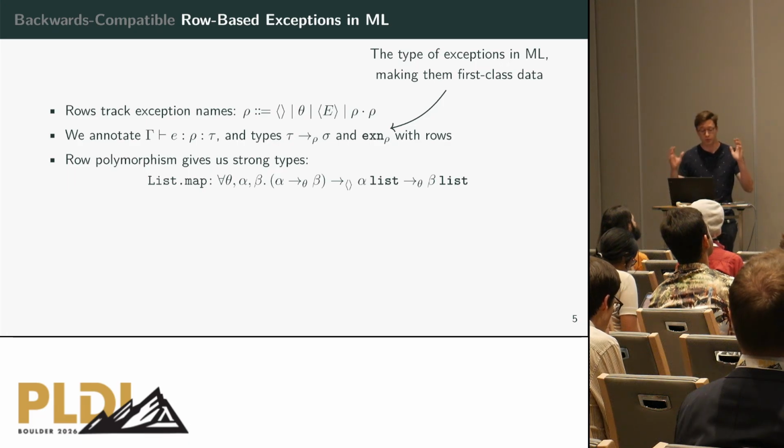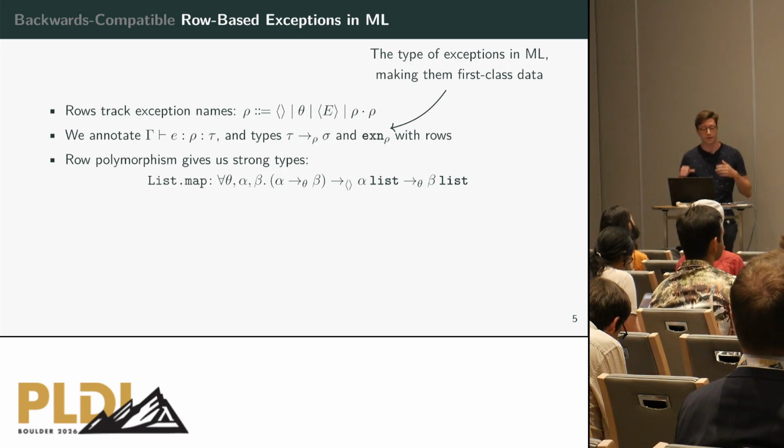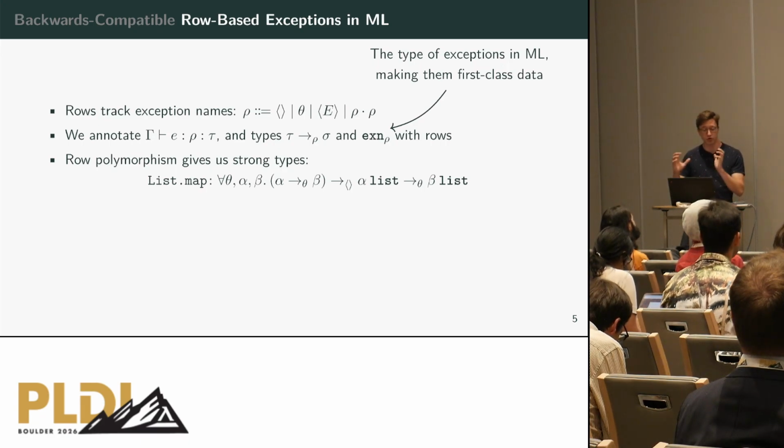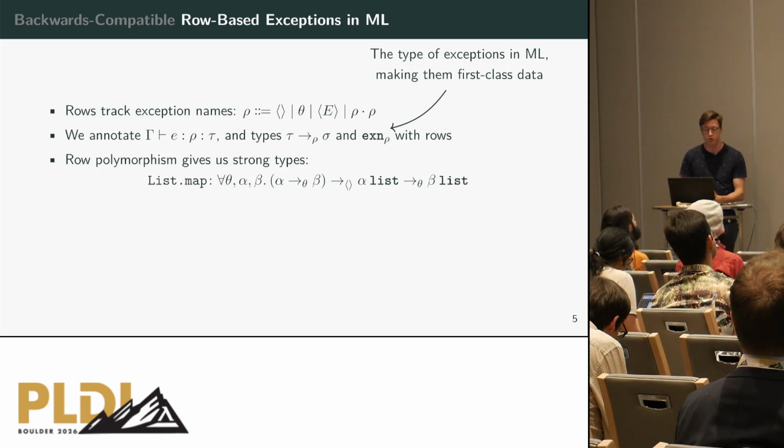And then we annotate the typing judgment with these rows to indicate that the program e does not only have type tau, but it also may raise any exceptions in the row. And similarly, we annotate the function type to indicate that the function can throw any exceptions in the row.